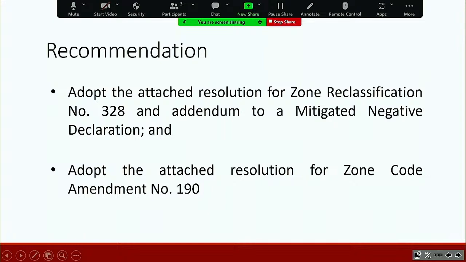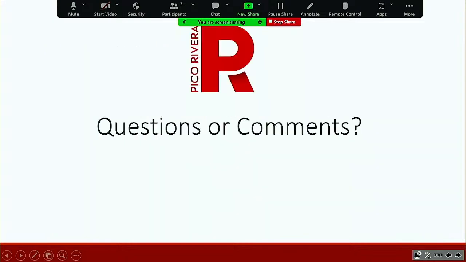Staff recommends that the City Council adopt the attached resolution for approval of zone reclassification number 328 and an addendum to a mitigated negative declaration, and adopt the attached resolution for approval of zone code amendment number 190. And this concludes staff's presentation. We're happy to answer any questions the council may have.